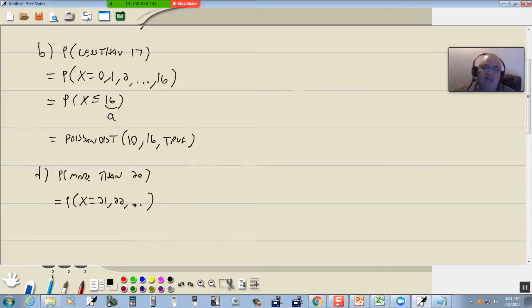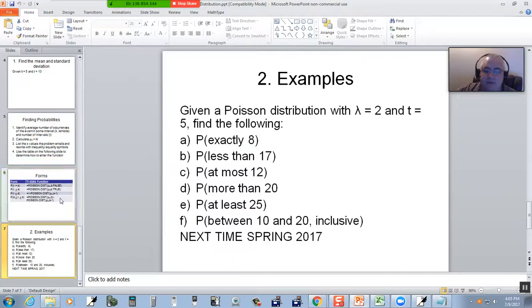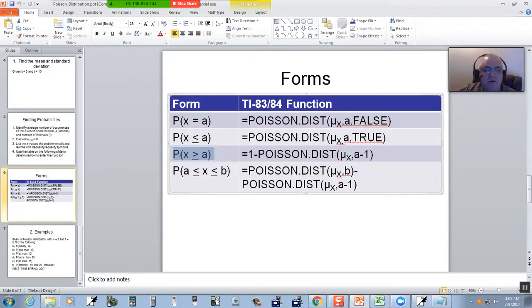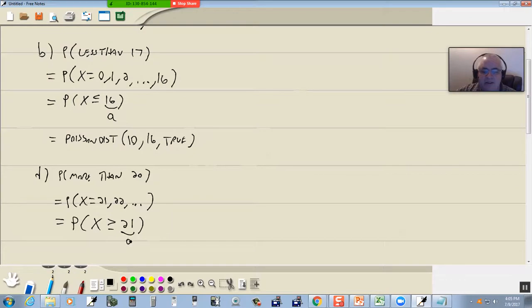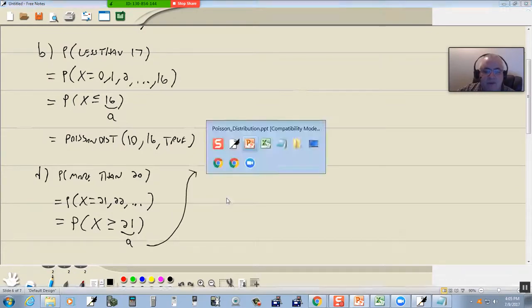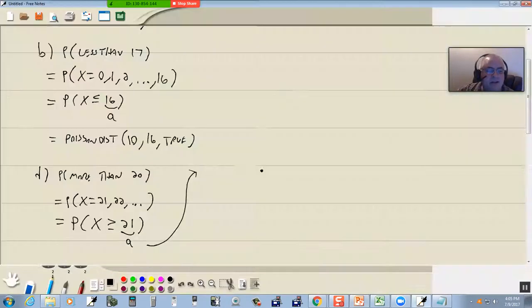So again, even though infinity doesn't make sense, we treat it as infinity. Now inequalities. 21 on up means the probability that x is greater than or equal to 21, which matches our third form here. So A is going to be 21. That's our A. What does this tell us to plug it in as?